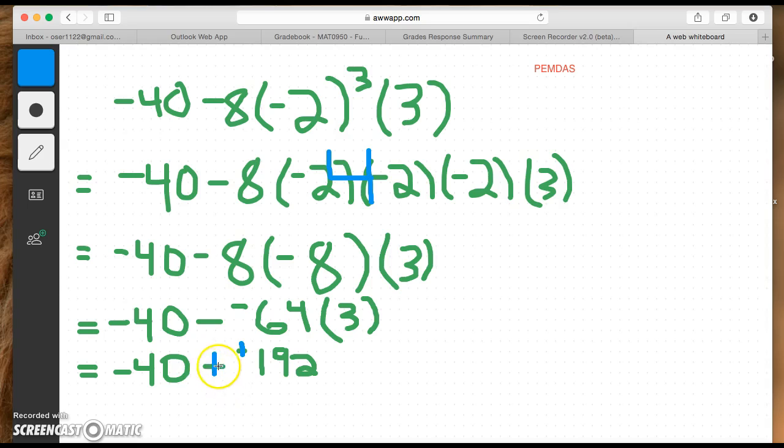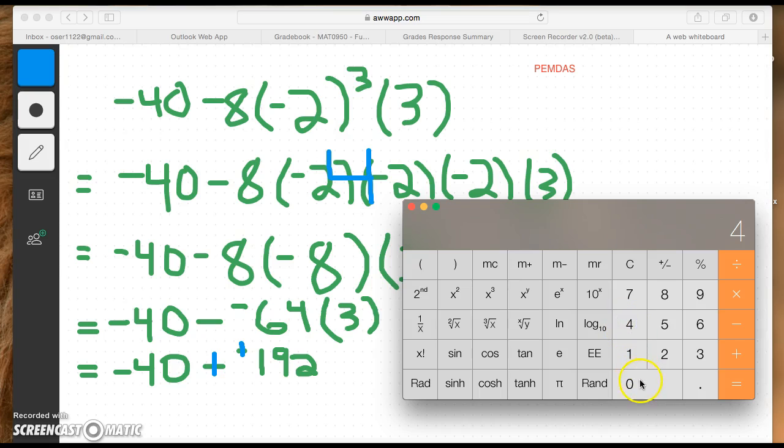So you can basically change this subtraction of a negative to the addition of a positive. So what we are really left with then is negative 40 plus a positive 192.